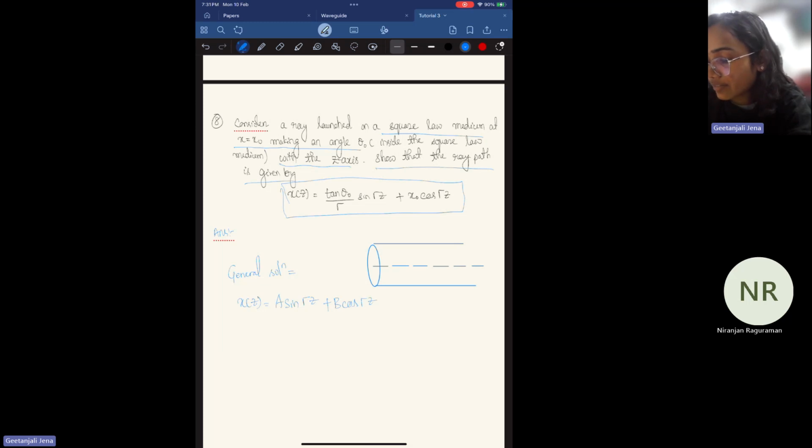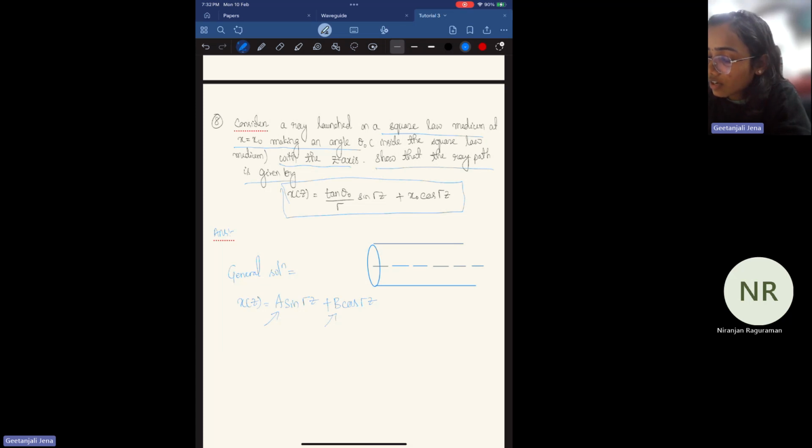Now the a and b values depend on the boundary conditions. The gamma will remain the same, that is root over 2 delta over n1, root over 2 delta by a beta. So this will remain the same, but only these constants will vary depending on the boundary condition.